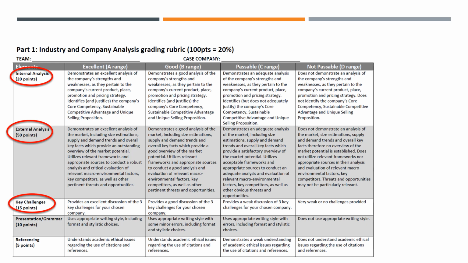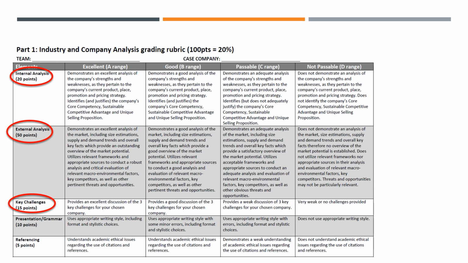Based on the internal analysis and the external analysis, you should be able to come up with 3 key challenges for the case company. Now, the thing to note here is that those key challenges are permitted to change for part 2, because strategy is adaptive sometimes. We wouldn't want to lock you into a decision about 3 challenges if those challenges are no longer relevant by the time it comes to writing part 2 of the assignment.